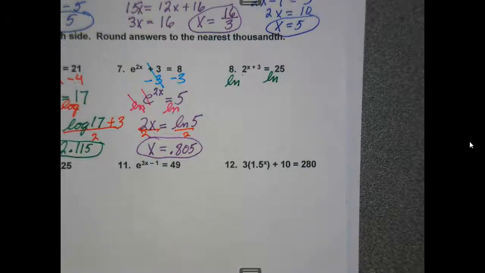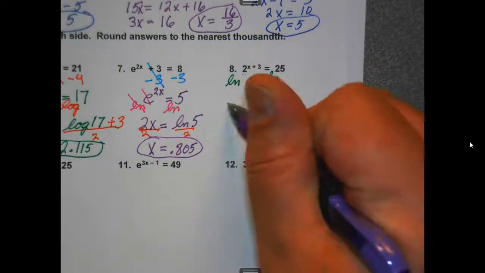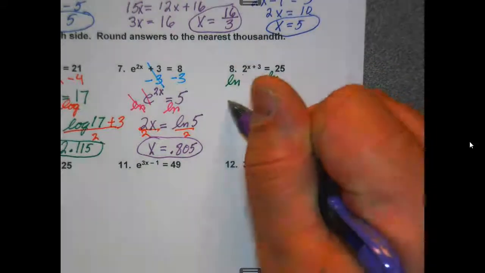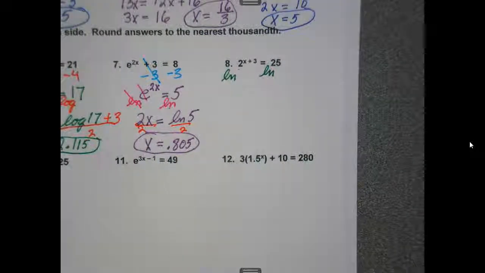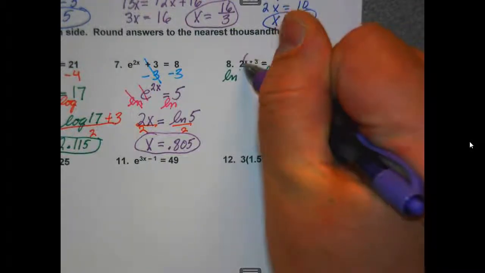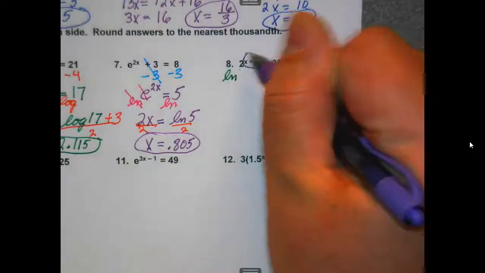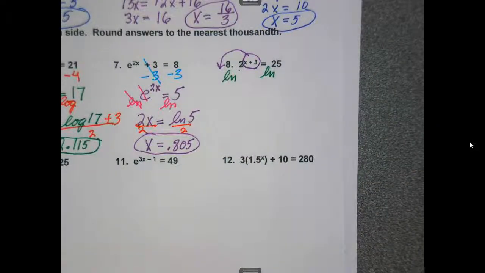So I have ln of 2. I'm not going to have a choice. What am I going to have to do with this? Yeah, I'm going to have to move this to the front, right? How did I know that?